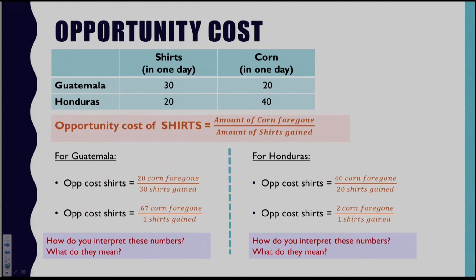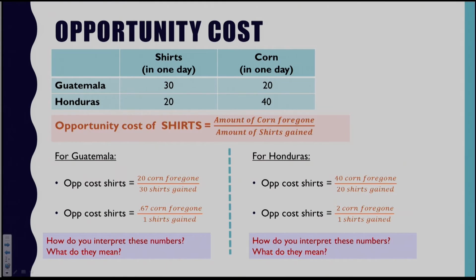Now, how do we interpret these numbers and what do they mean? So take a moment and look at the opportunity cost numbers for Guatemala and Honduras and make sure that you can interpret them. Put it into a sentence. I always tell students that if you're having trouble with the numbers, convert it to a sentence.